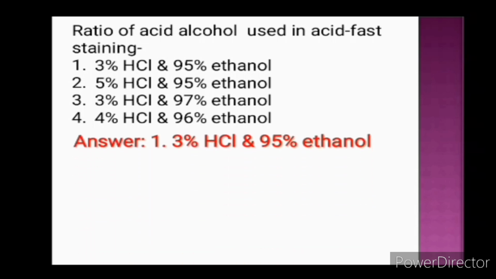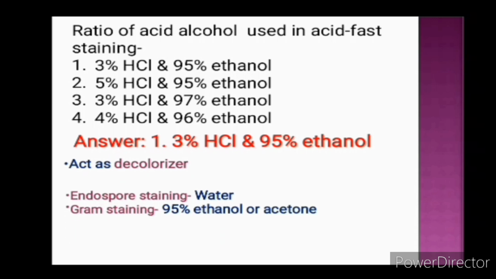And the correct answer is option 1, that is 3% HCl, that is hydrochloric acid, and 95% ethanol. This acid alcohol acts as decolorizer in acid-fast staining. Whereas in endospore staining, water acts as decolorizer, and in gram staining, either 95% ethanol or acetone acts as decolorizing agent.